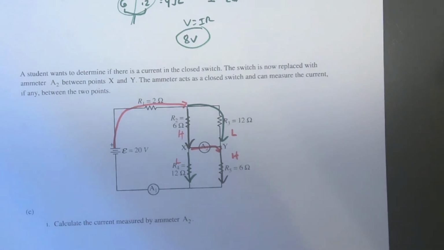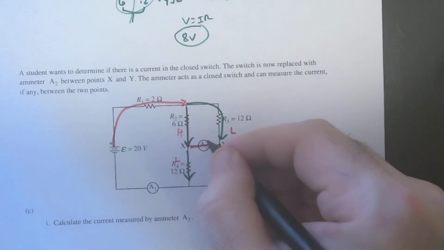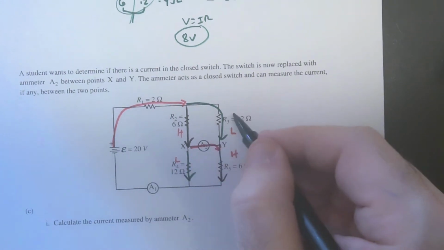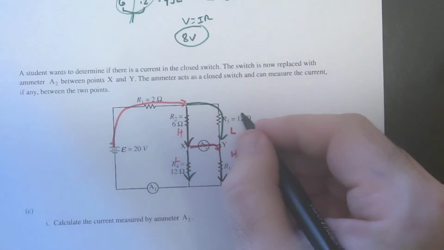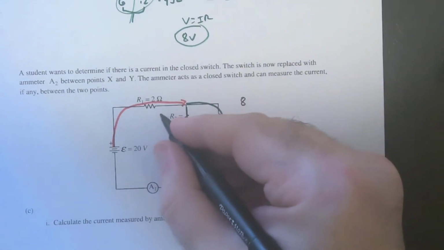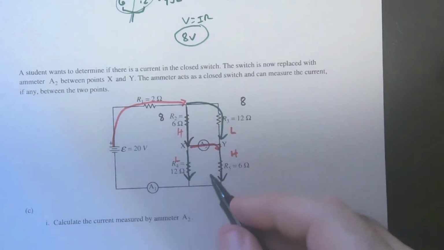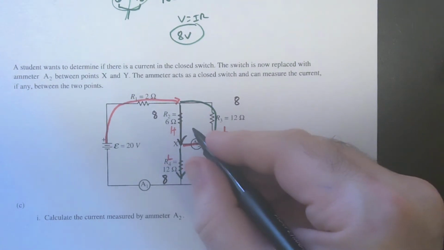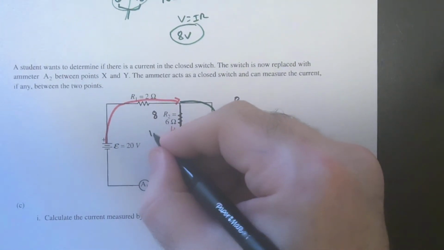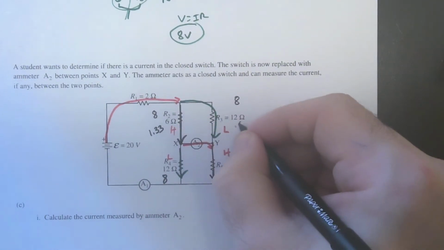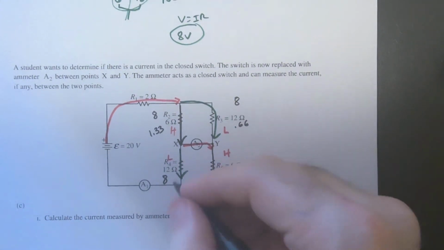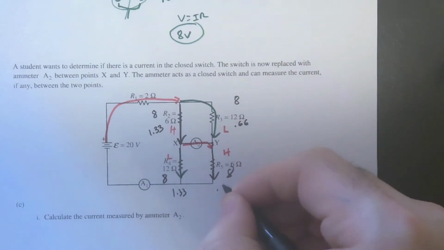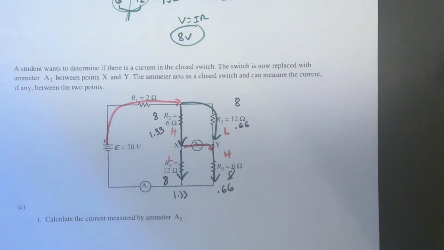What I did here is I said, okay, let's find the current between these two. So looking up here, I know both of these are 8 volts. And by the same logic, these are also 8 volts down here, but I don't have to worry about that. I found the current for each branch. This was 1.33. This was 0.66. And here I get 1.33 and 0.66.